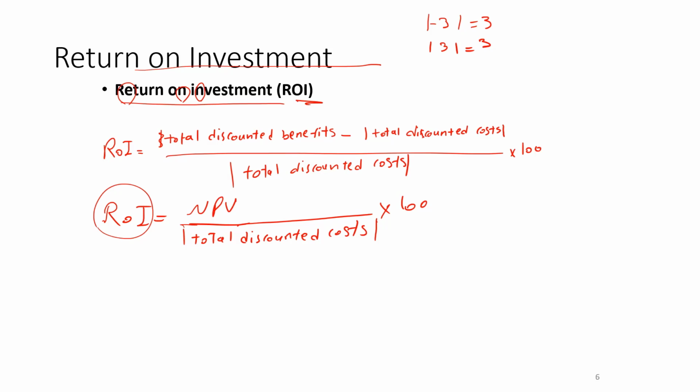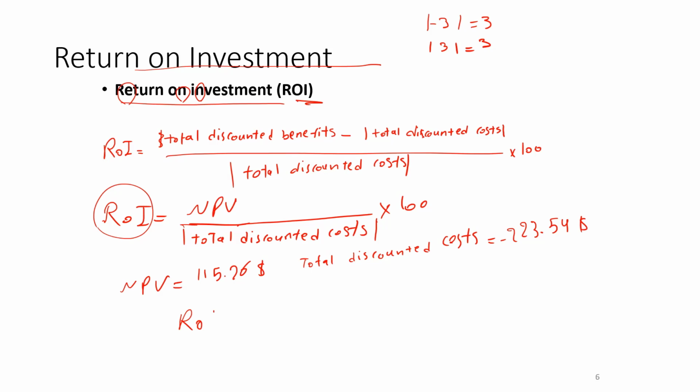As you remember in the previous slides, NPV for that 2-year project was $115.26, and total discounted costs was negative $223.54, as you remember.